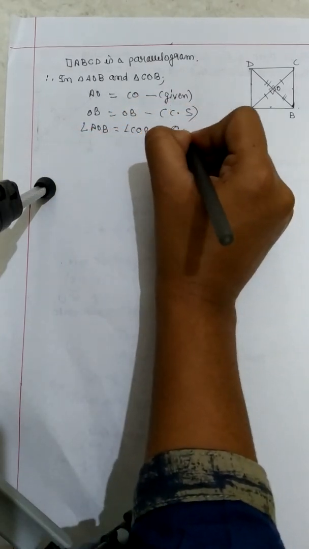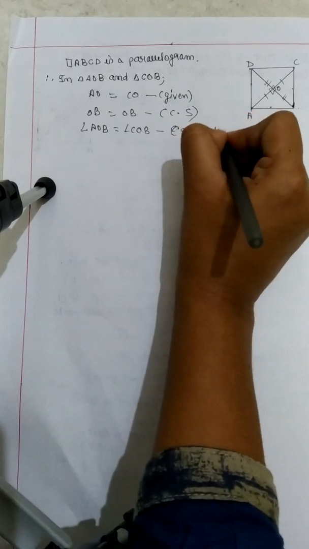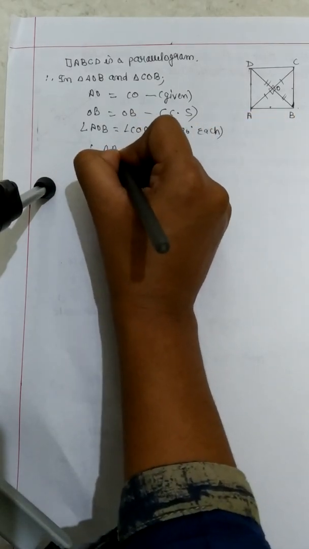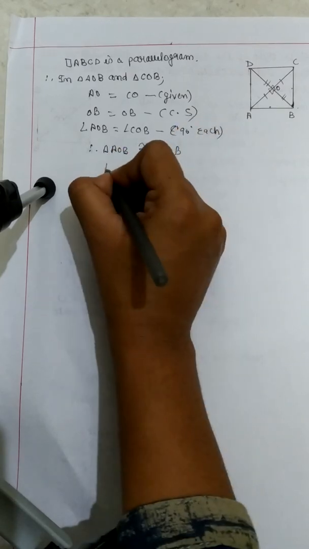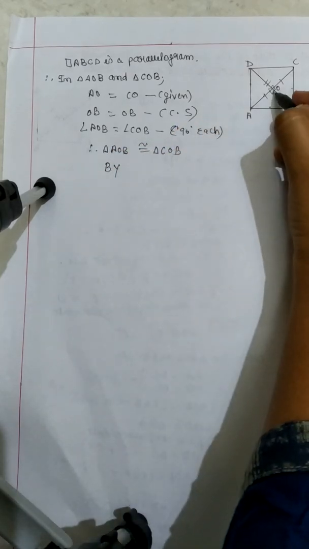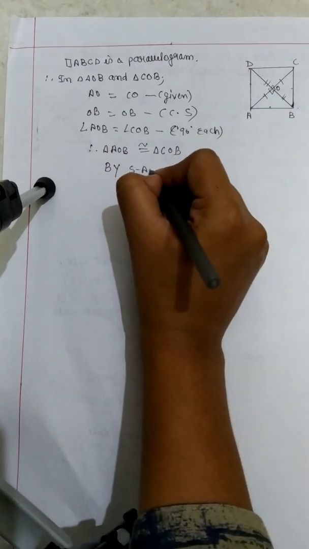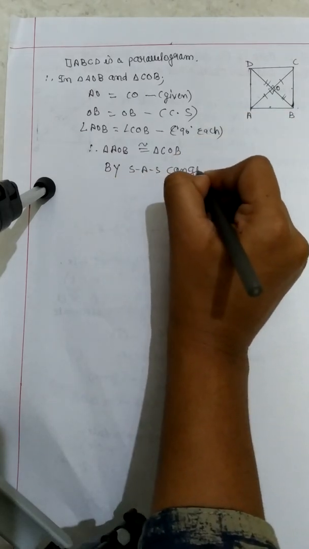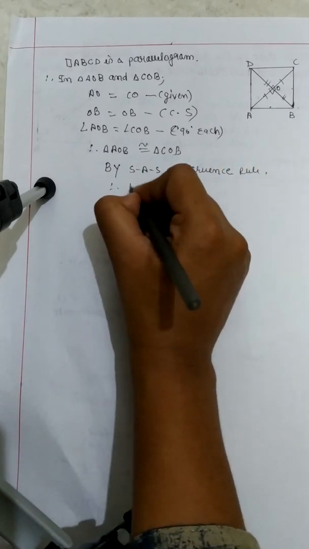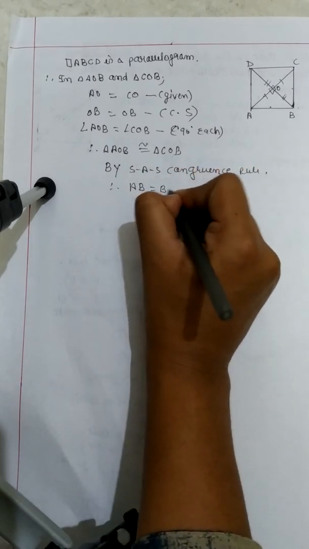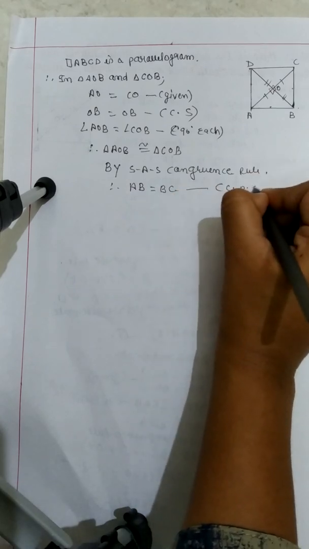They are 90 degrees each. So triangle AOB is congruent to triangle COB by which method? SAS. So by SAS congruence rule, now by CPCT, AB is equal to BC.